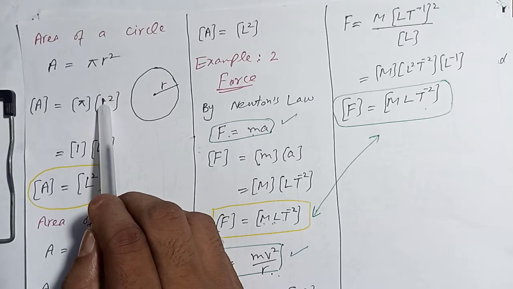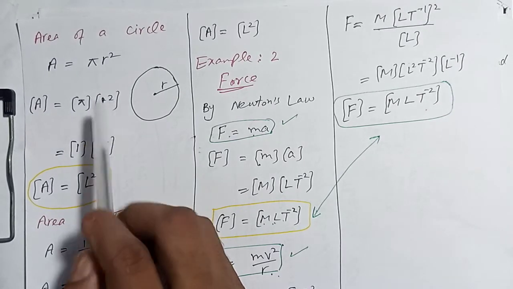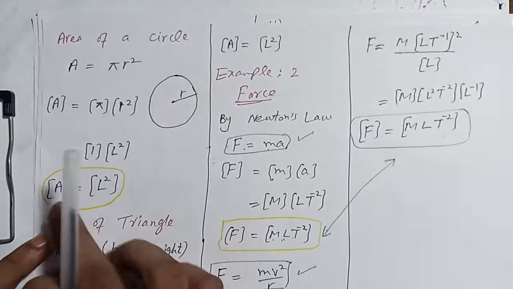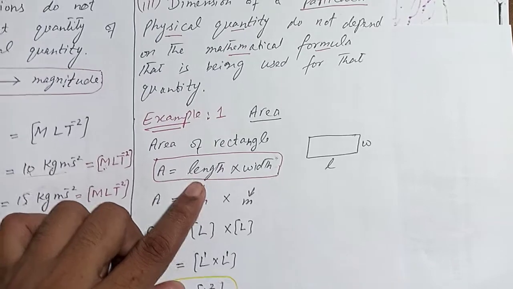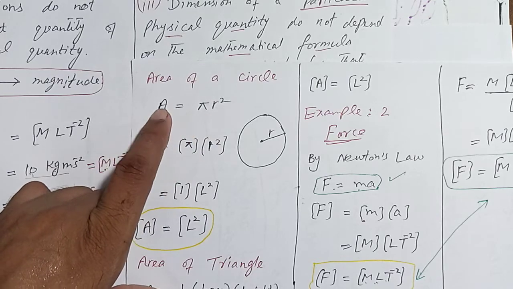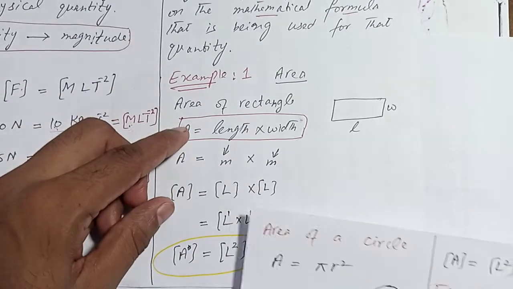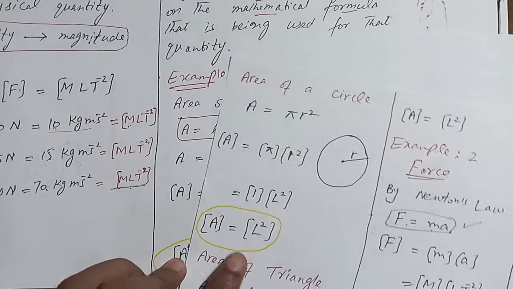So radius is length. Its dimension is represented by L. Due to its square, we write the dimension of radius square as L square. So the dimension of area is L square. As in case of a rectangle, the formula for area is length into width, and in case of a circle, the formula for area is pi r square. We calculate area by different formulas, but when we calculate the dimension, we see that whatever formula we use for a physical quantity, the dimension of a particular physical quantity remains the same.